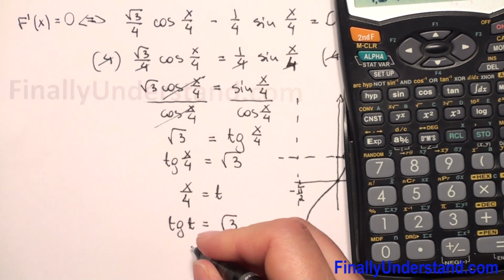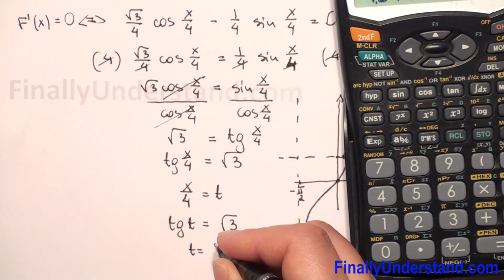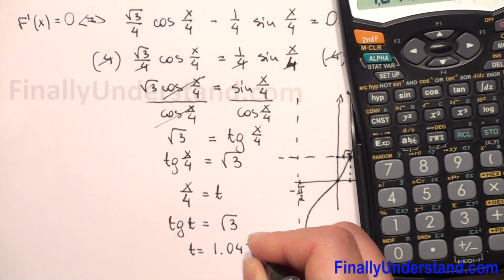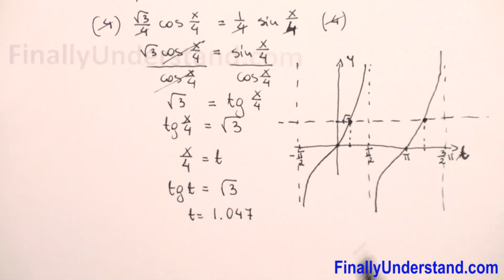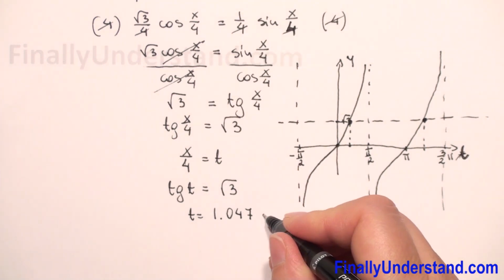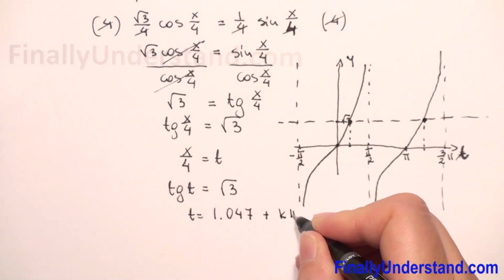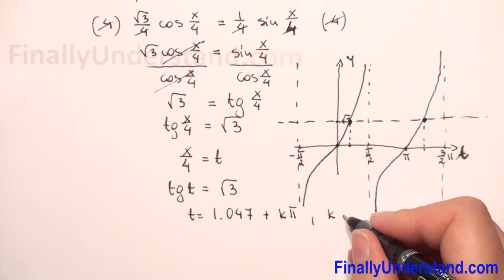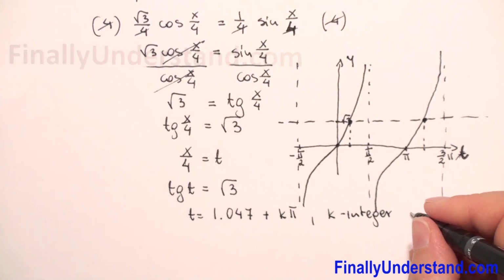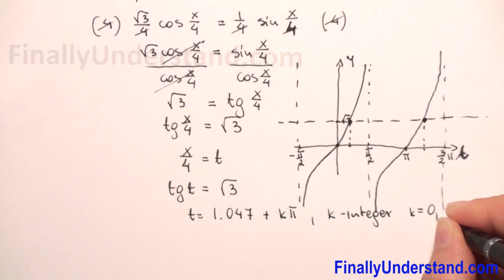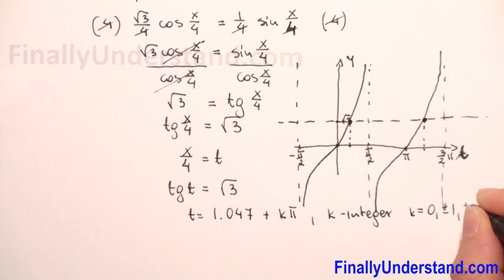So t is equal 1.047, and like I said before, this solution repeats every pi because tangent repeats every pi. So it will be plus k times pi, where k is integer. It means k has value 0, plus, minus 1, plus, minus 2, and so on.